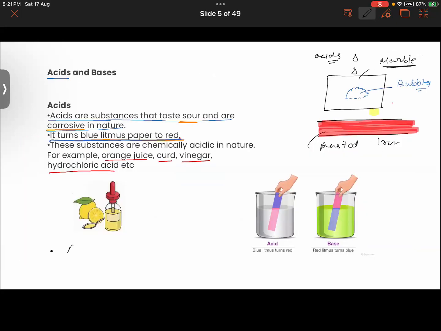So you will write that acids, upon dissolving with water, give hydrogen ions.